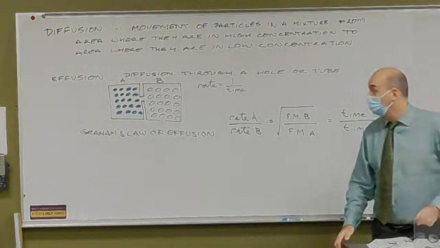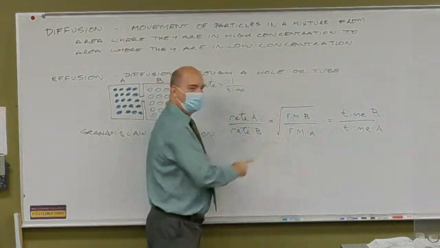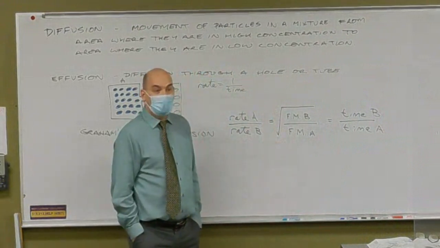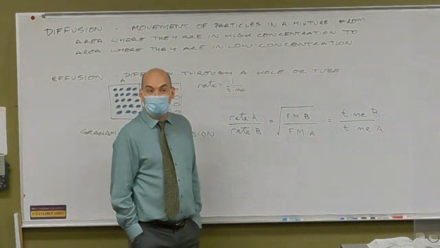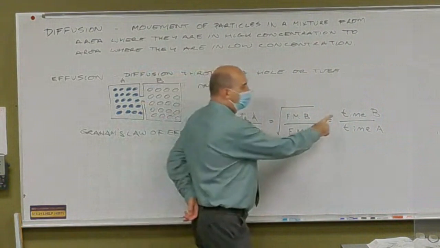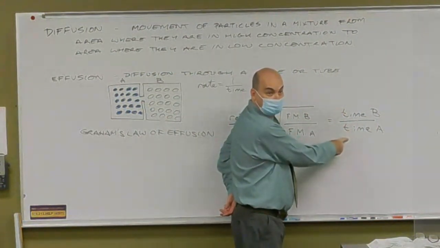Oh, here's another thing. Because this is a ratio to a ratio, your question might not even come with numbers. It might not even come with actual physical data. It might say, this one takes twice as long as that one.